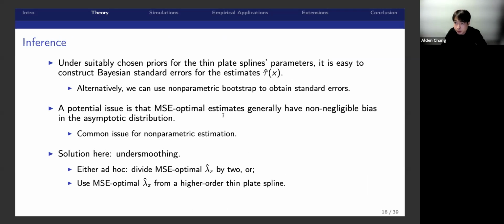Now, how do I conduct inference? The simplest method is to construct Bayesian standard errors. If we choose suitable priors for the thin plate spline parameters, it is easy to construct Bayesian confidence sets. Or alternatively, we can simply use the non-parametric bootstrap to obtain standard errors.